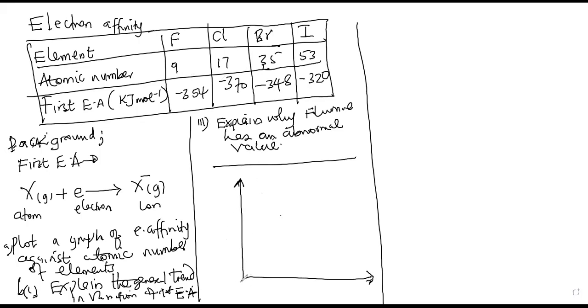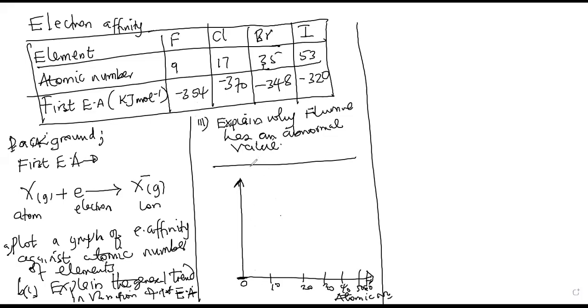So here you can use 0, 10, 20, 30, 40, 50, 60 for the atomic number. Then for the vertical axis, I can start from like 290, or you can start from any value you want.